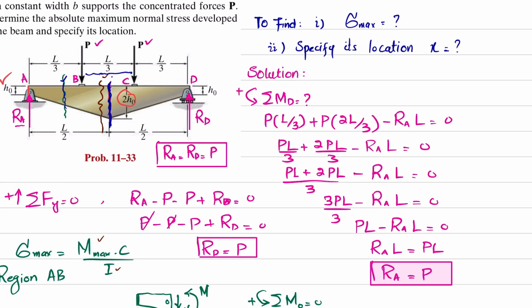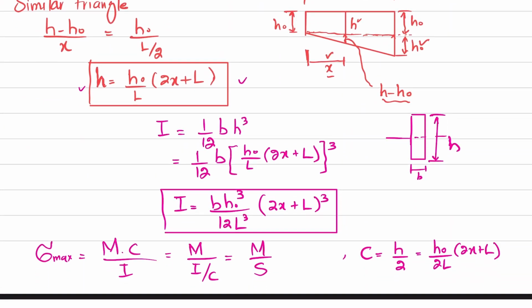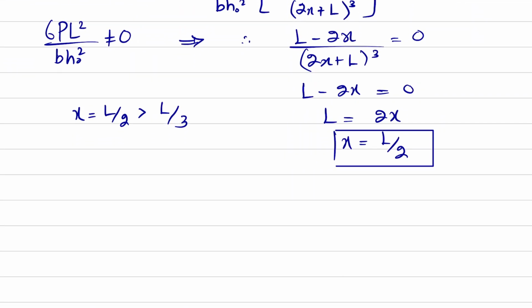So for the absolute maximum bending moment, I will write it so that you can understand. Since x equal to L by 2 is greater than L by 3, the solution is not valid. Why? Because at x greater than L by 3 you will have a constant moment in region BC.